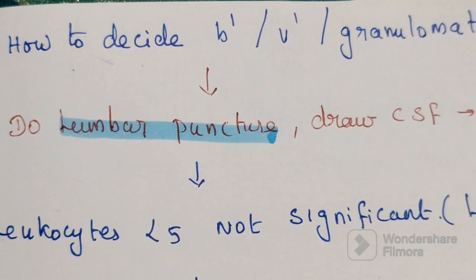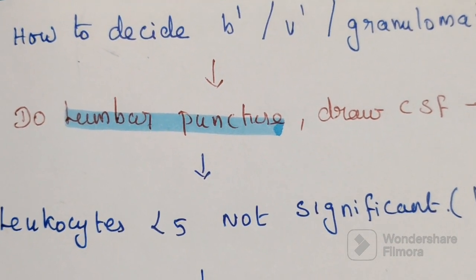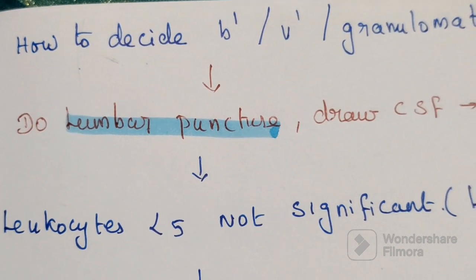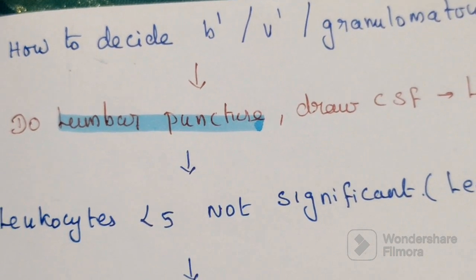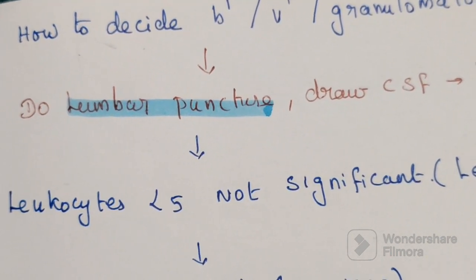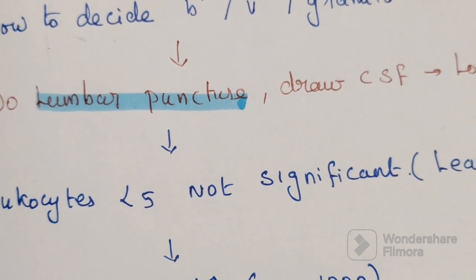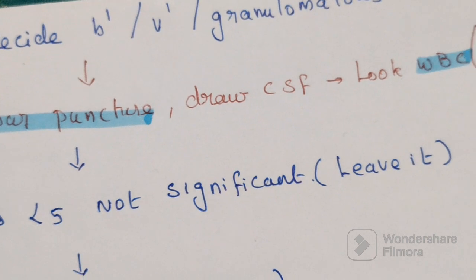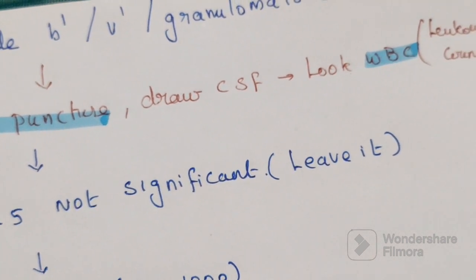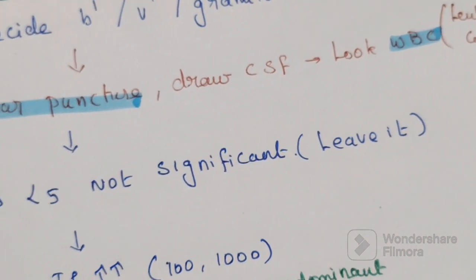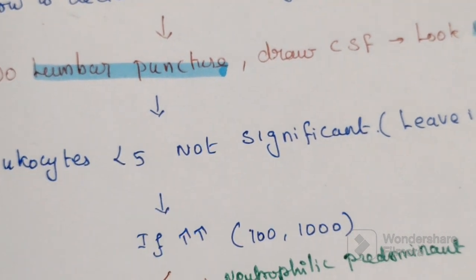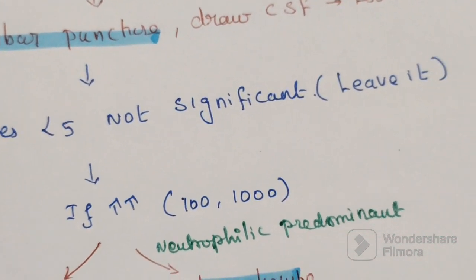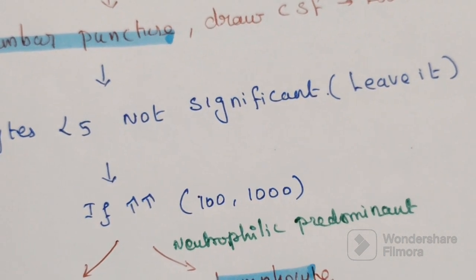Next, how to decide whether it is bacterial, viral or granulomatous. Do a lumbar puncture, draw CSF, and look at the WBC, that is the leukocyte count. If the leukocytes are less than 5, it is not significant, and we can leave it.